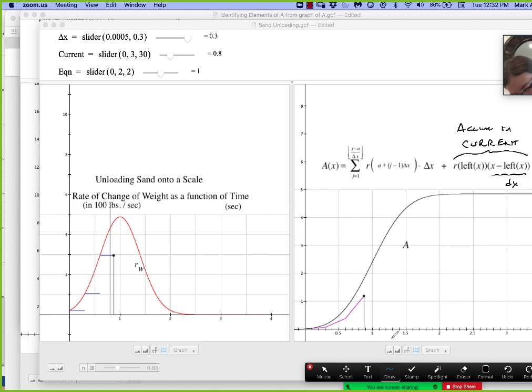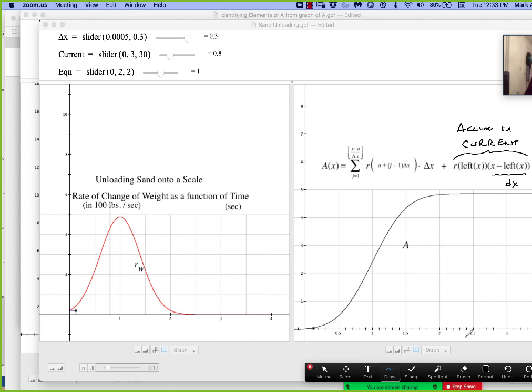Okay, so what are the units? Angel, can you tell me what the units are on all these axes? On the accumulation one? All of them. Take your pick, whatever you want. I'll take the accumulation.